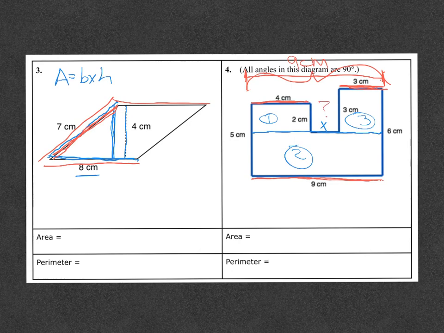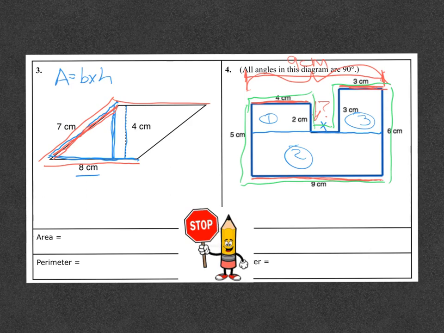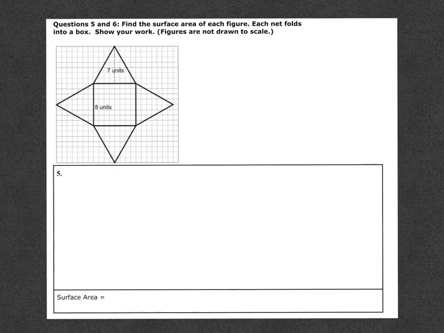What is left is the dimension right there. And again, perimeter is all sides added together. Hit pause and solve these problems. When you've finished, press play and continue on to problem 5.